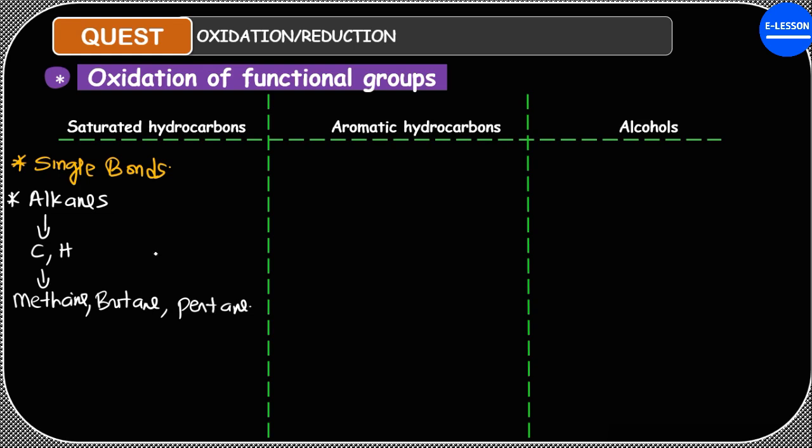Are you getting it? Now, these saturated hydrocarbons do not undergo oxidation reactions. And because they do not undergo oxidation reactions, they are mostly not used in synthetic organic chemistry. That means they are mostly not used to synthesize other compounds. And that is why they are called paraffins. They don't easily react.